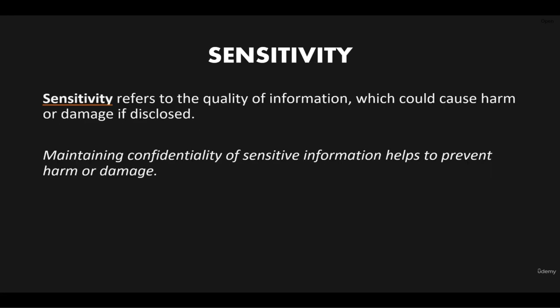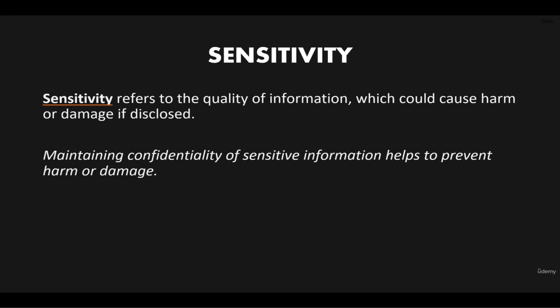Let's start from sensitivity. Sensitivity refers to the quality of information which could cause harm or damage if disclosed. Maintaining confidentiality of sensitive information helps to prevent harm or damage.